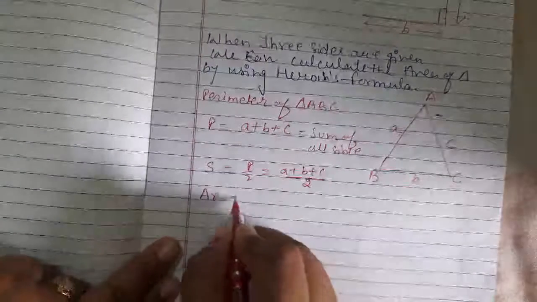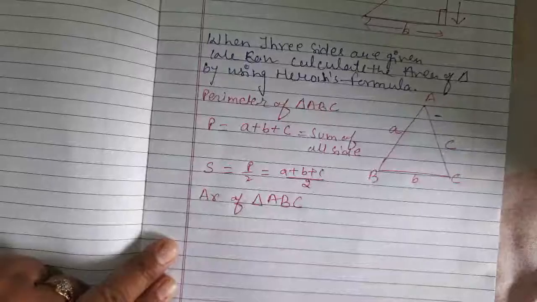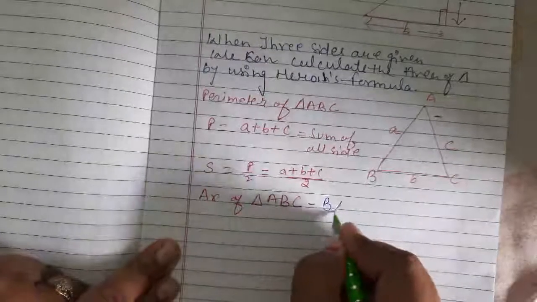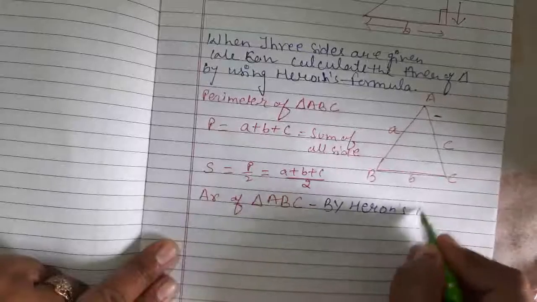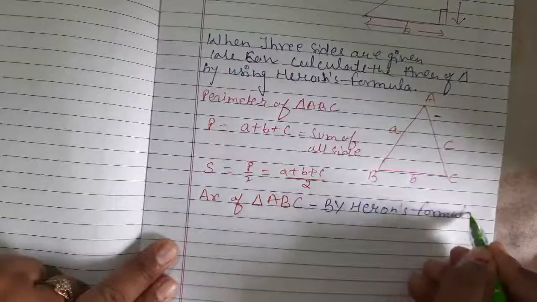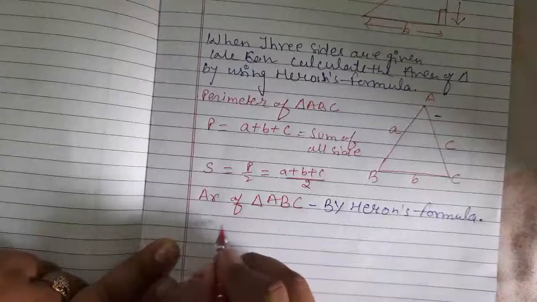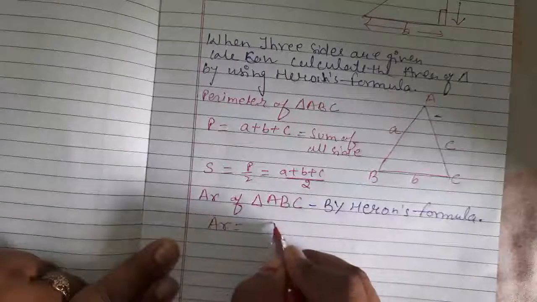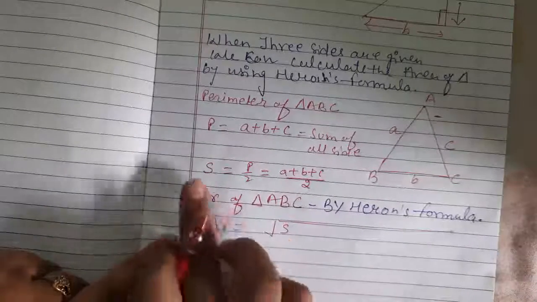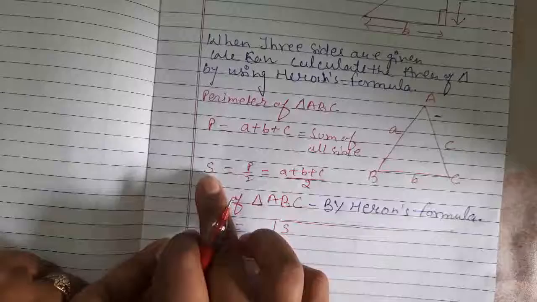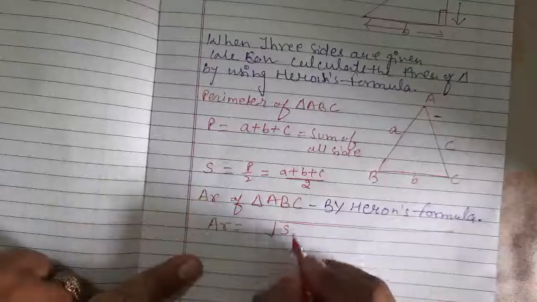Area of triangle ABC by Heron's formula. This s is the semi-perimeter; I am representing the semi-perimeter with the small s.